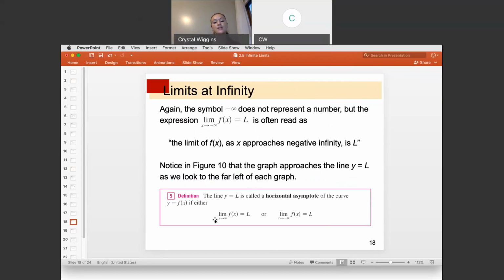And as the limit of x approaches infinity of f of x is equal to L, and x approaching negative infinity is also equal to this limit L, we are saying that L, the horizontal line, I'm so sorry, y equals L is called a horizontal asymptote.